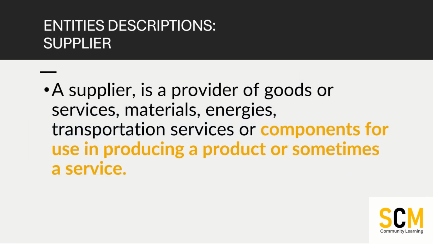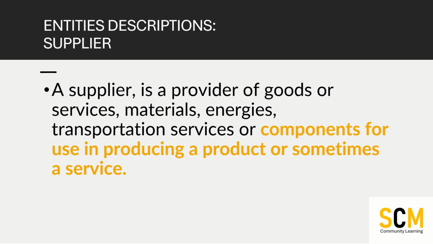Entity descriptions. The first one, supplier. What is a supplier? Why do we need to understand what a supplier is? What we need to know about this concept. A supplier is a provider of goods or services, materials, energies, transportation services, or components for use in producing a product or sometimes a service.